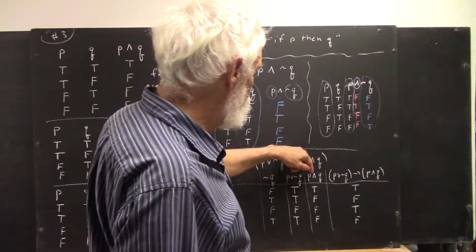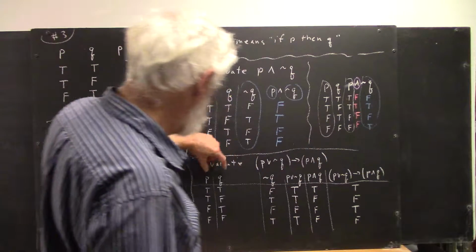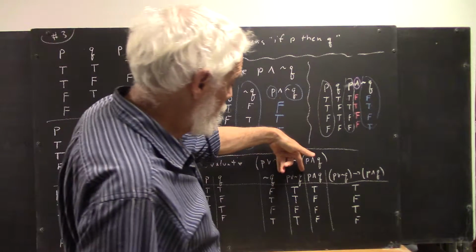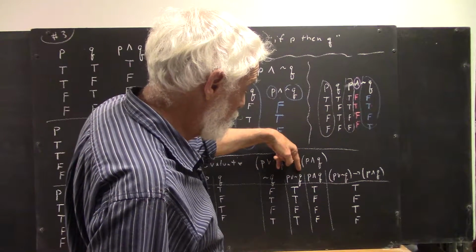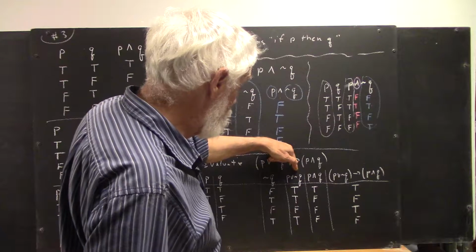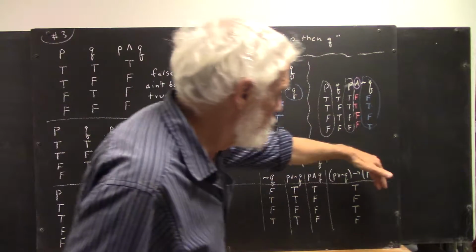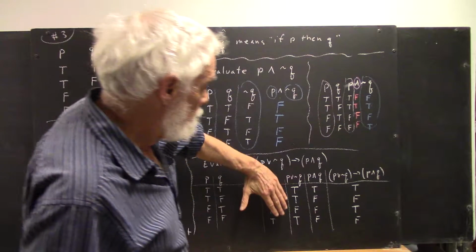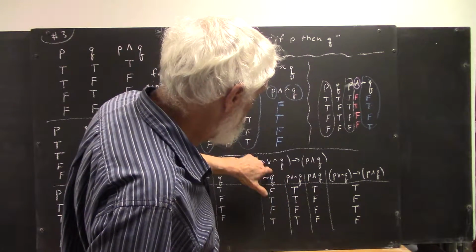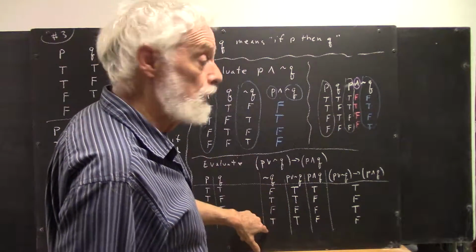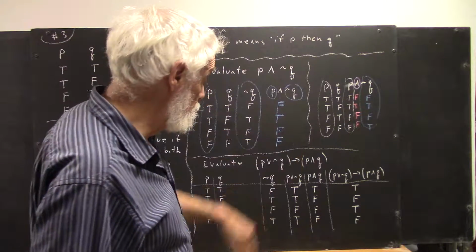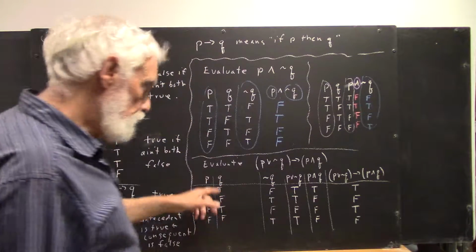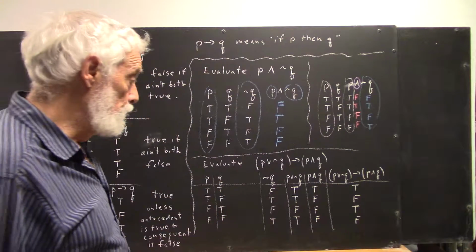Okay, well, I have everything I need to evaluate P and Q because I've got columns for P and for Q. I don't quite have everything I need for P or not Q because I don't have values for not Q. And I'm assuming I started out from the right and I'm moving to the left. So at this stage I haven't written out this column, but now I see that I'm going to need it because I've got a not Q here. So I write down the values for not Q corresponding to the values I started out with for Q.